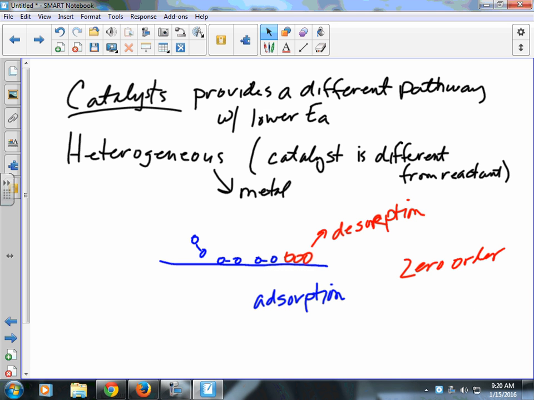Number 1, adsorption, which simply means the reactants come in contact with the solid catalyst. They land, you might say. They move around. The reactants achieve their activated complex. They migrate, they react, and then they leave the catalyst. That's called desorption, and that's it. So that is heterogeneous catalysts.